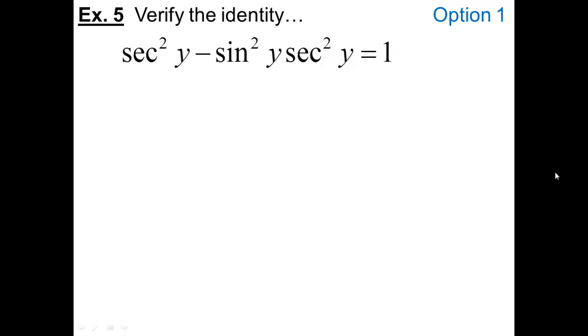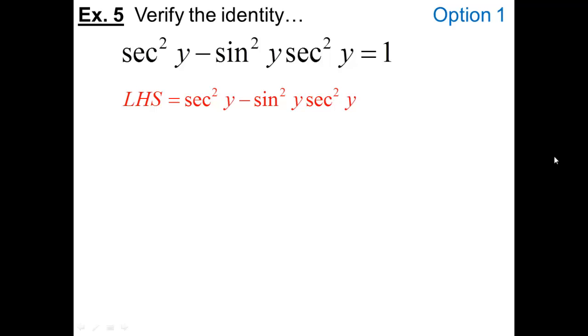These next two, example 5 and example 6, really have some pretty good multiple options. What I mean by that is you could go one way, I could go the other way, and they're just about the same number of steps. Although I think on the next one, converting to sines and cosines may not be the best move. But let's look at this one. Let me show you one way to do this one.